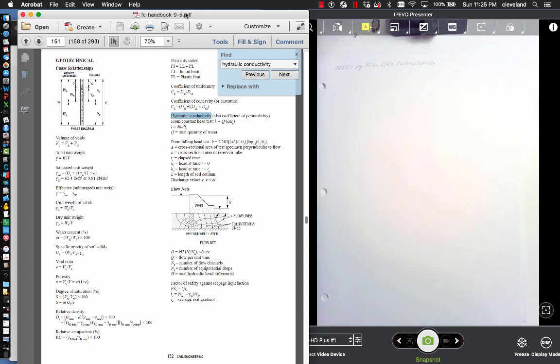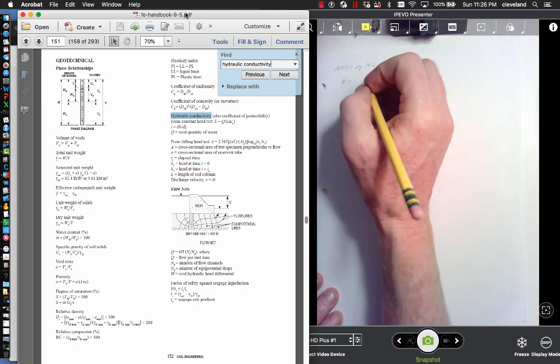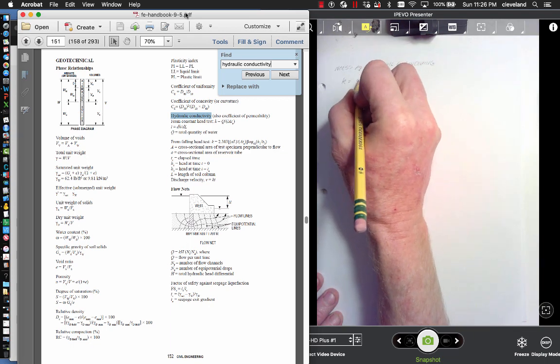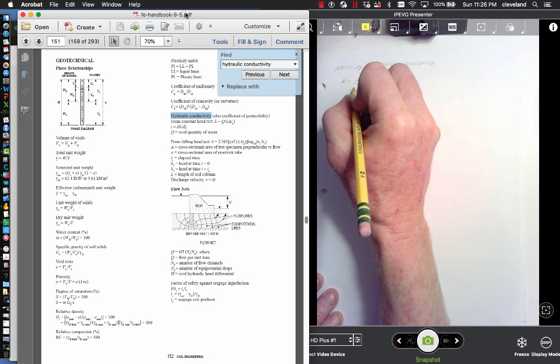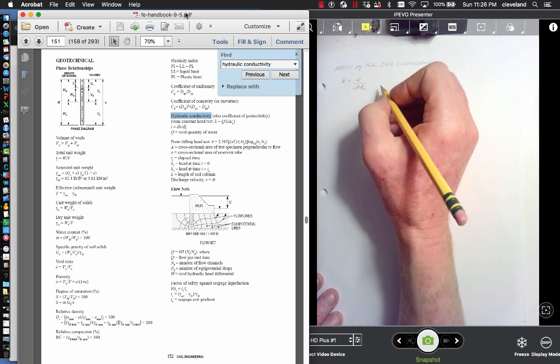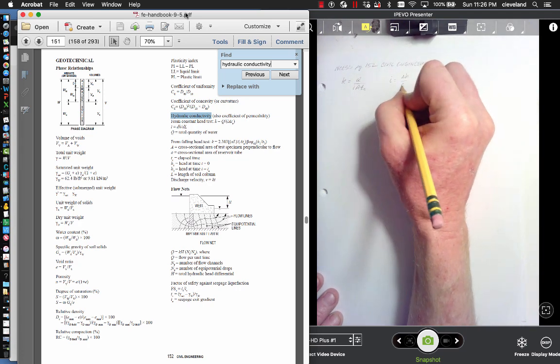Of the NCEES supplied reference. And in that, it says that the hydraulic conductivity for a constant head permeameter is K equal to Q divided by I times A times the elapsed time, where I is the change in head over the change in length.